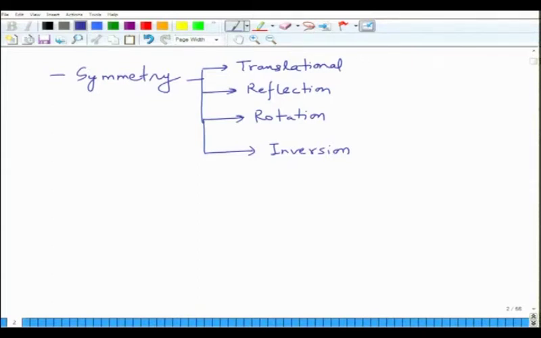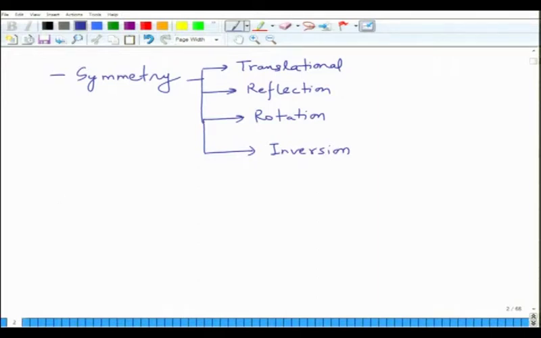There are some other symmetry operations which are glide and screw, but these are the 4 major symmetry operations which define the crystal systems and Bravais lattices. And then there are finer distinctions between the same class of Bravais lattices. There are different materials with different motifs and different other symmetry elements come into picture, but these are 4 basic symmetry operations which define your Bravais lattices and crystal systems.